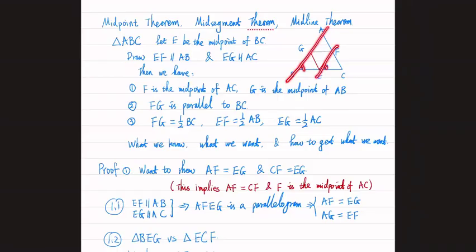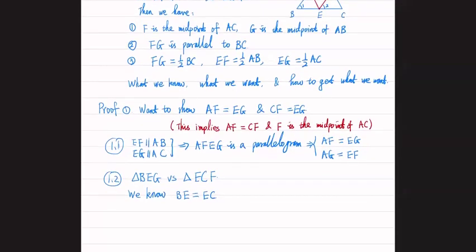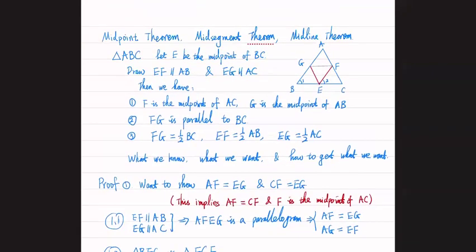Therefore, they must be the same. Yes. I want you to remember the argument for this: the two lines are parallel and they are the corresponding angles. Angle 1, angle 2.